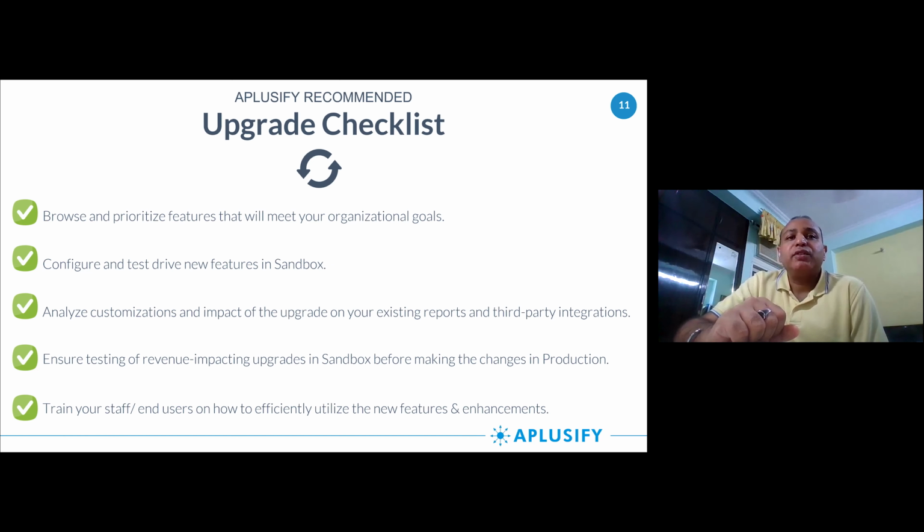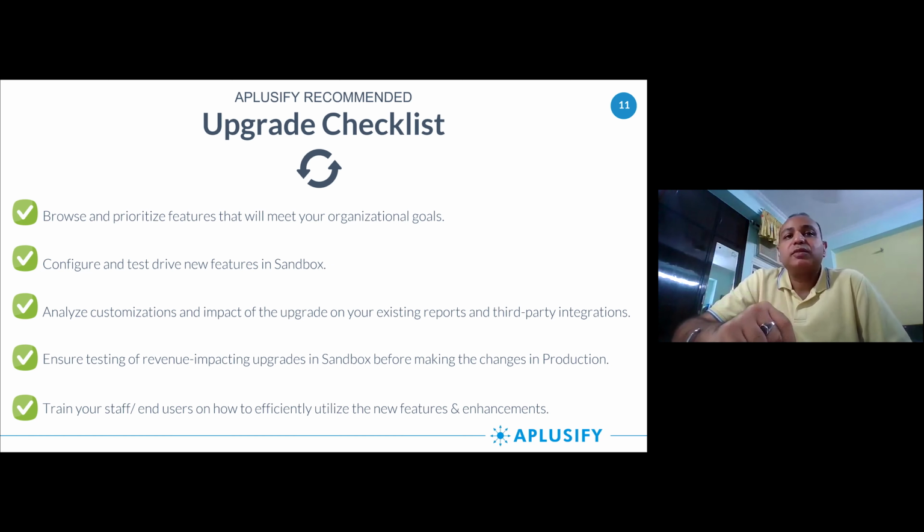Similarly, make sure that you are testing the revenue impacting updates in Sandbox before making the changes in production. Never do a change in production before testing it in Sandbox. All the changes, because as I told you, every release for Nimble or Salesforce happens in Sandbox before they move it to production.